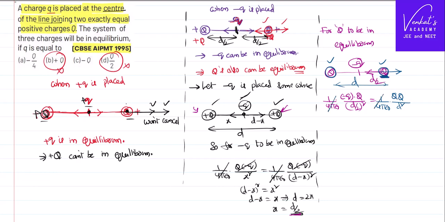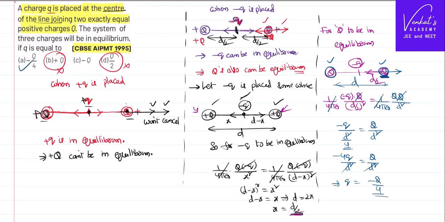So 1 by 4 pi epsilon naught can be cancelled, capital Q can be cancelled, q by d square by 4 equals Q by d square, so 4q by d square equals Q by d square. I have just taken this 4 into the numerator, d square and d square will cancel. That implies small q equals minus Q by 4. That is what our answer is.